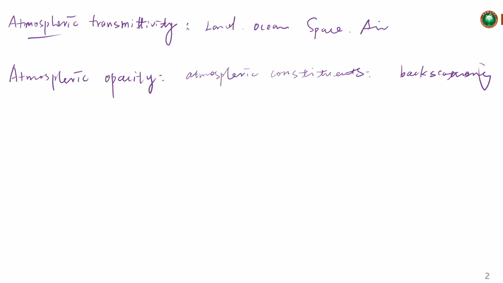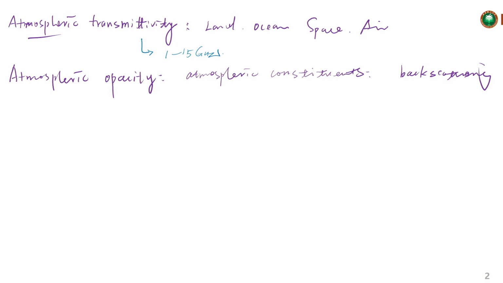And we need to know the opacity instead of the transmittance. So for the transmittivity, the atmosphere is almost transparent for the microwave ranges around 1 to 15 gigahertz, mostly in this frequency range.